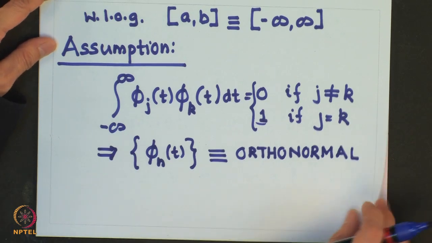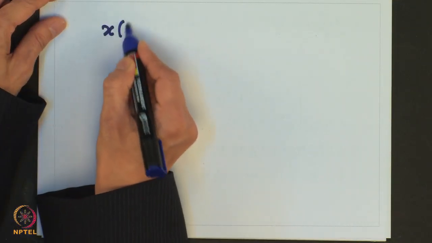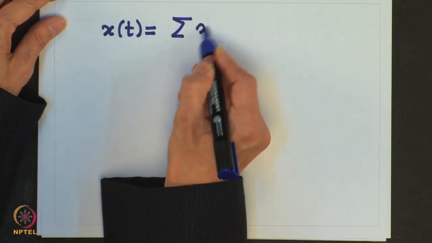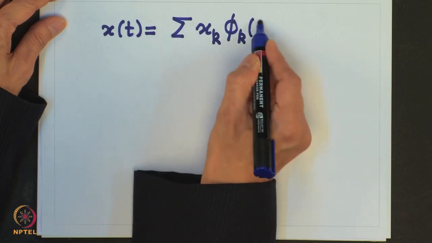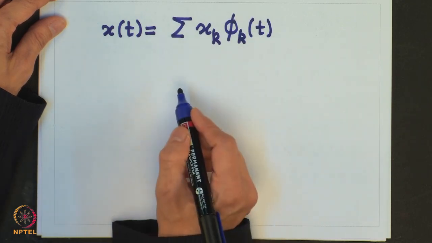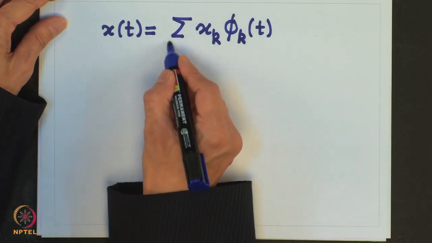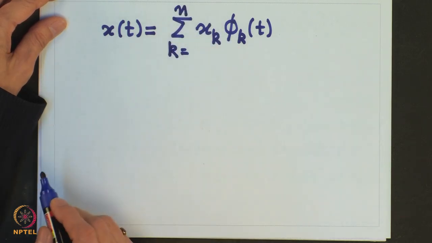Okay, fine. So for any orthonormal set, let us try to determine the coefficients of the linear expansion of a given signal in terms of the orthonormal basis signals. So, if we know that I can write my signal in this form, and if we assume that my phi k(t)'s form an orthonormal set, then to determine xk, it is very simple.